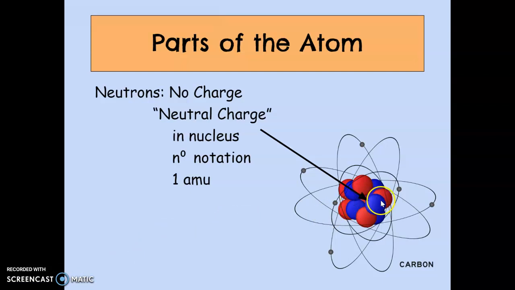This is that blue particle in the nucleus. The notation for a neutron is N for neutron, and then the 0 indicates there's no charge because it's neutral. Neutron, neutral, no charge. This is also equivalent to 1 AMU. So protons and neutrons both have an equal amount of mass.